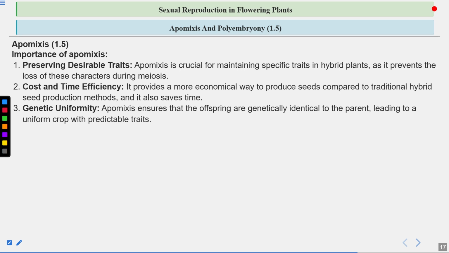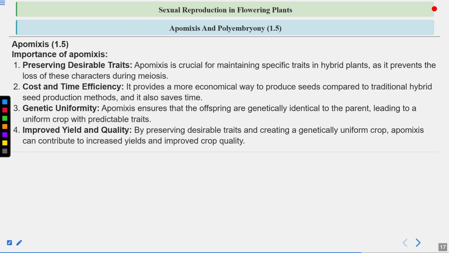So genetic uniformity will be there in the apomictic seeds. Improved variety and quality. By preserving the desirable traits and creating a genetically uniform crop, apomixis can contribute to increased yield and improved crop quality. These are some of the importance.